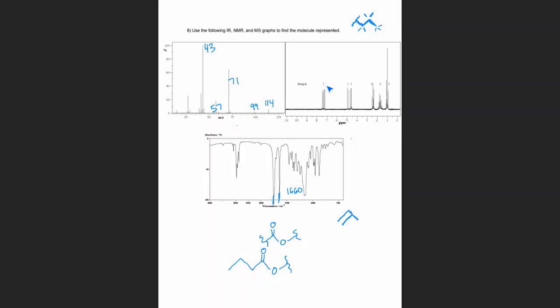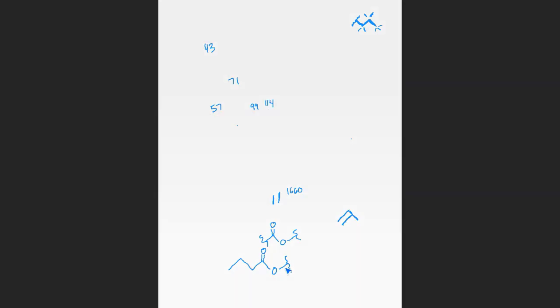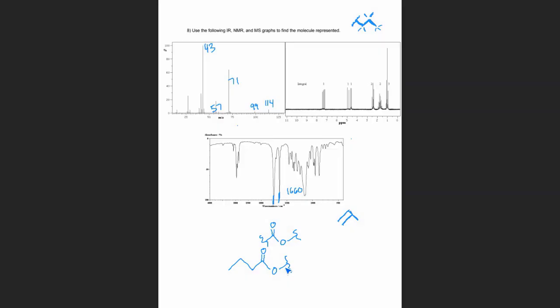If we put this alkene on our piece so far, it can be one of 2 ways. It can either be like this, or like this.